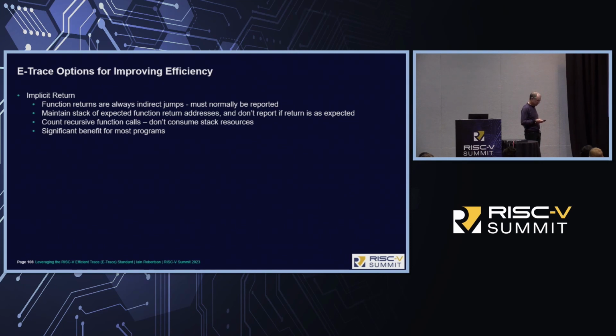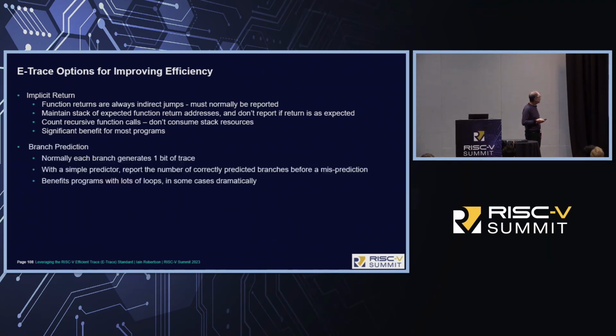And this can be extended further. So if you associate a counter with each stack entry, then you can use this to keep track of recursive functions so that they don't consume any stack resources, and this can give a very significant benefit for most programs. The next option is the branch prediction capability.